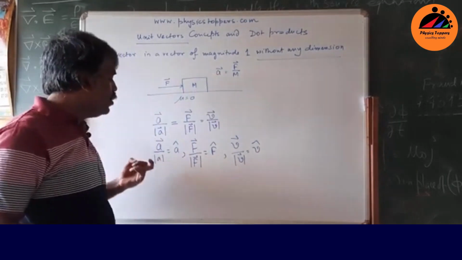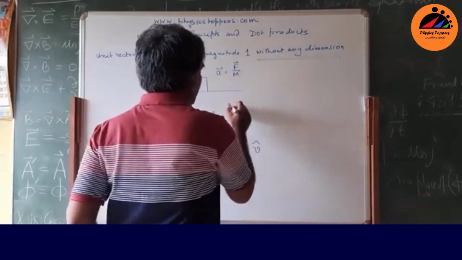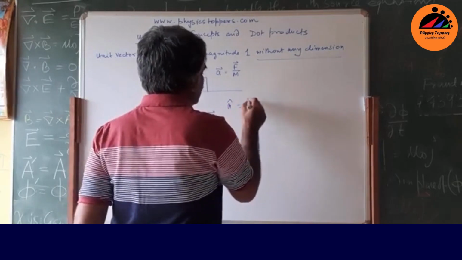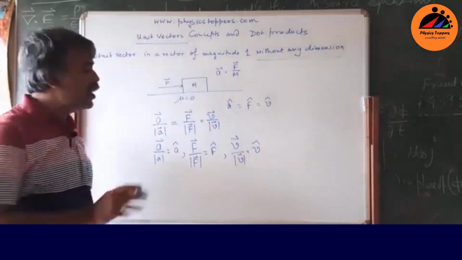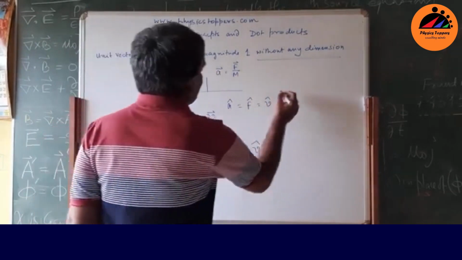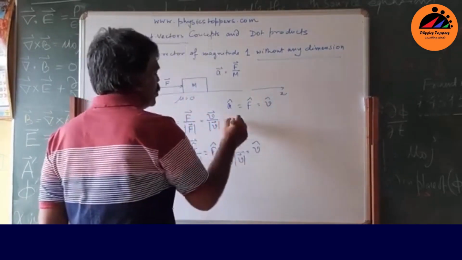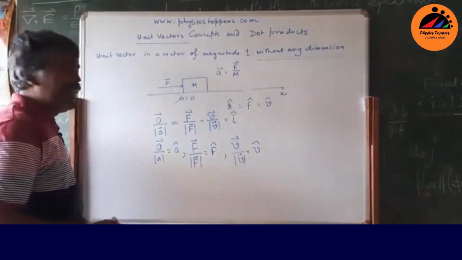So all the unit vectors a hat, F hat and v hat, so a hat is equal to F hat is equal to v hat, do not carry any dimension. You can say this as well. Suppose I choose this as the x direction, you can choose that this is i hat or i cap.